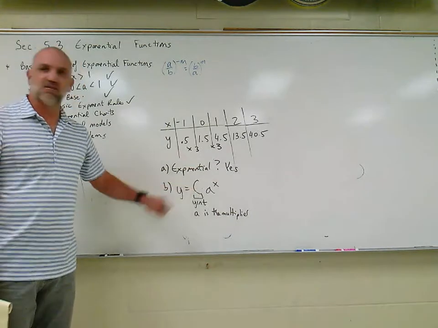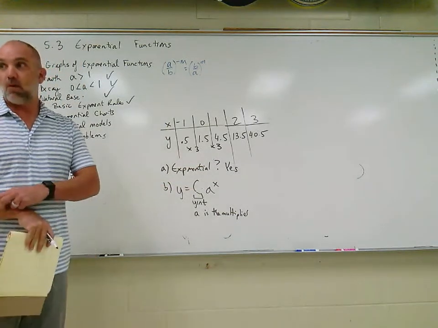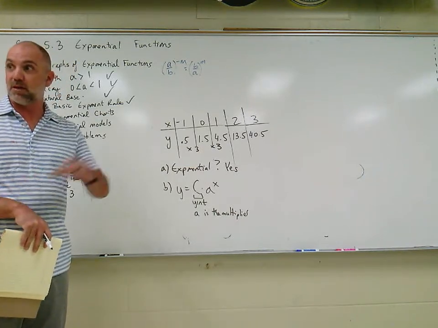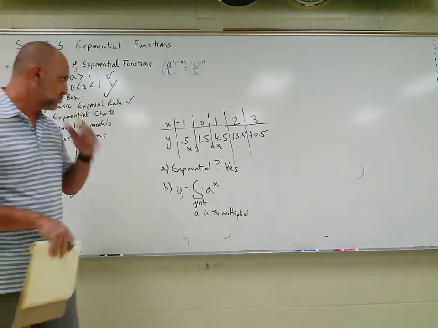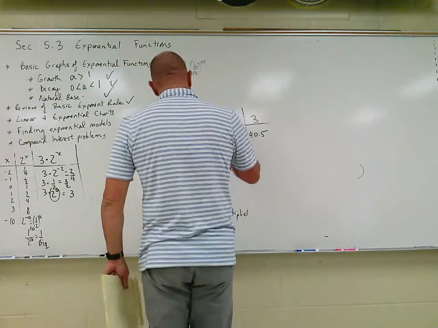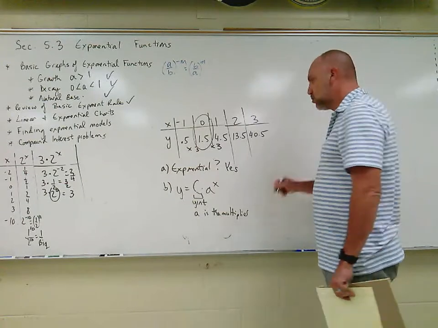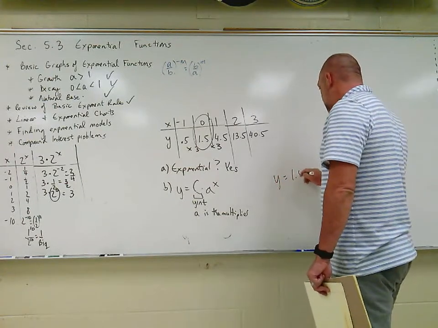What does this c stand for? The y-intercept. That's what's in front. Notice this (0, 1.5) tells me that my y-intercept should be 1.5. So I know it's going to be a 1.5 in front.